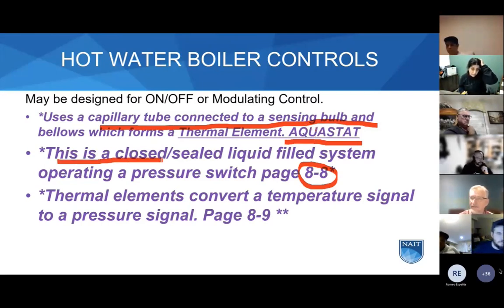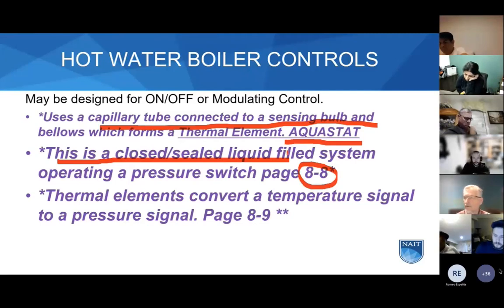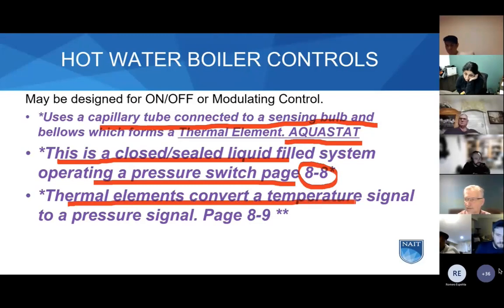A feature of this kind of system is that it's a closed liquid-filled system that actually operates a pressure switch. So the closed system part of it is called the thermal element, and the thermal element expands and converts that temperature signal to a pressure signal.